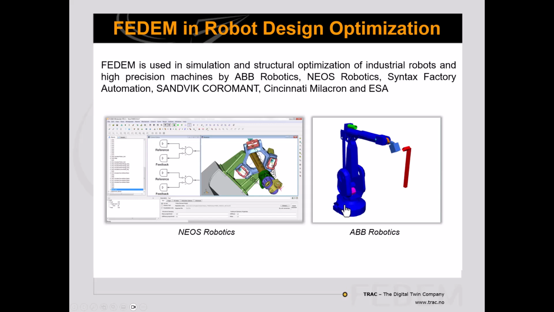And during that period, ESA also selected FEDEM to be the reference for satellite deployment simulations, including mechanisms and robots. So, FEDEM is a truly benchmarked and reliable piece of software you can trust in your robot applications.